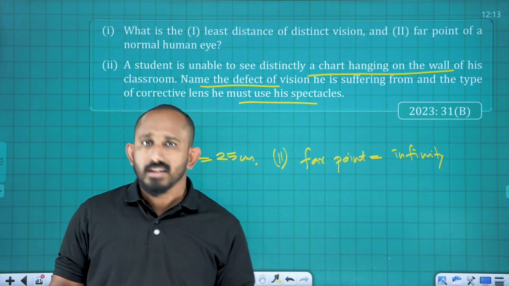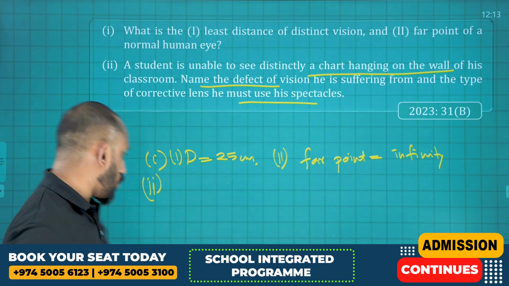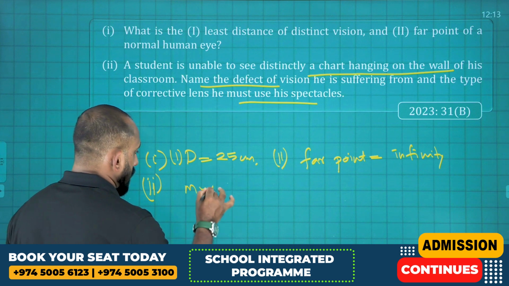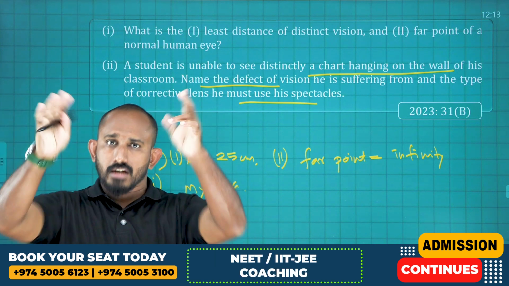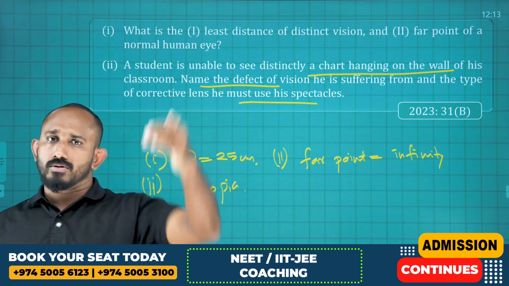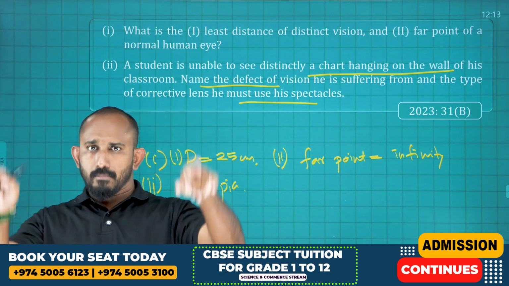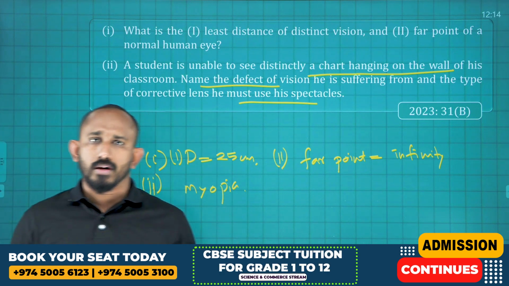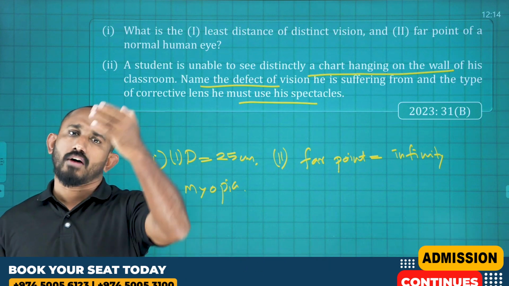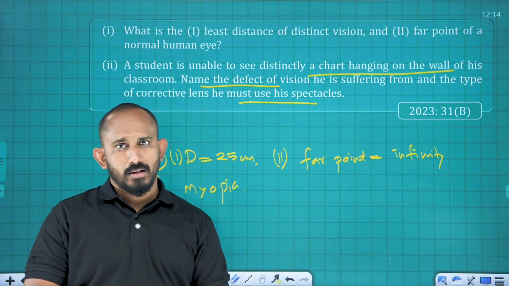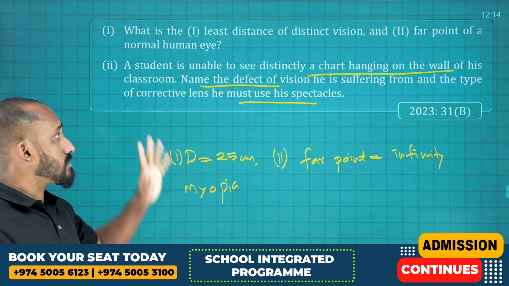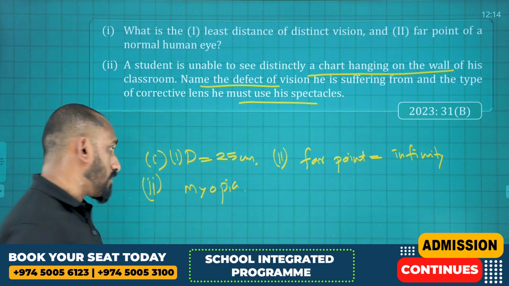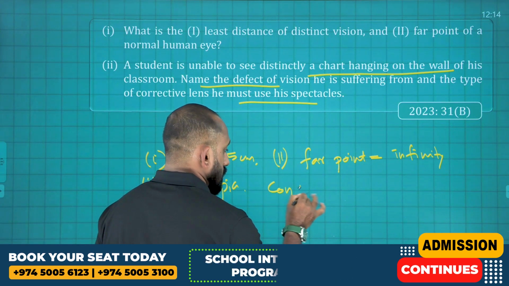What is that vision defect? It is myopia. So a blackboard, whiteboard, chart, signboard, or name board of a shop, if the student is not able to see it, means he cannot see far objects clearly, distinctly. That defect is myopia. Then, which lens should he use? Of course, for myopia, which one do we have? Concave lens.